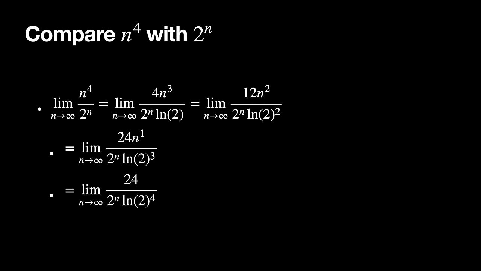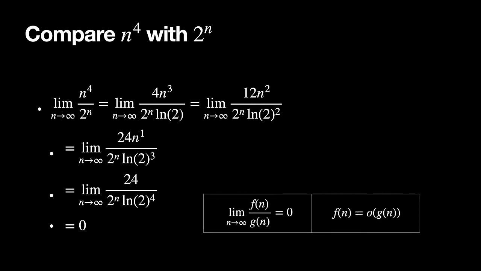Okay, so at this point we've got a constant being divided by some exponential 2 to the nth. And again, we could look up in our commonly accepted limits, and we would observe that the denominator keeps growing and the numerator at this point is fixed. So the limit of this will be 0. And going back to the definitions in our various limit tests, if we have a limit that's 0, we found a little o.